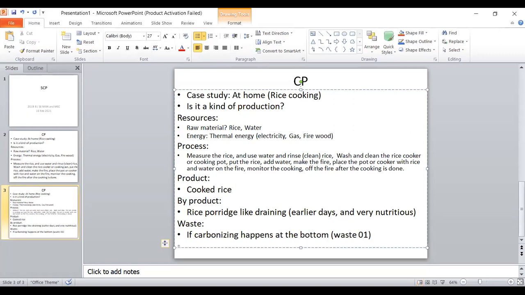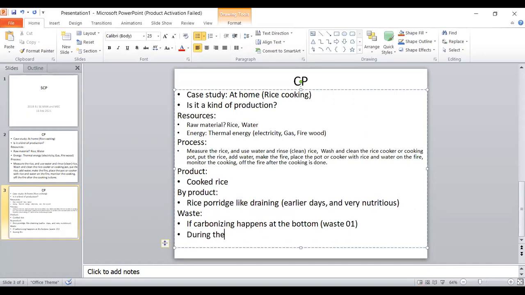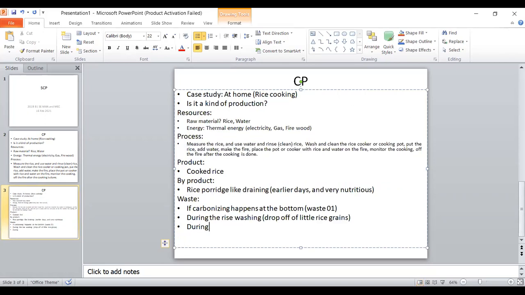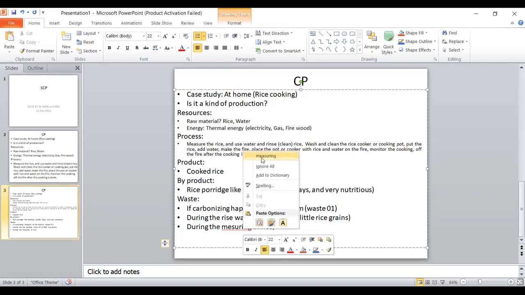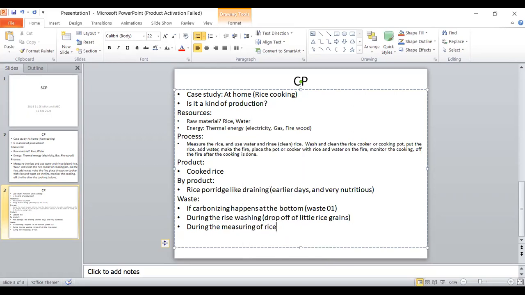There can be some dropping of little rice grains during the rice washing, even during the measuring of rice, a little waste is possible.